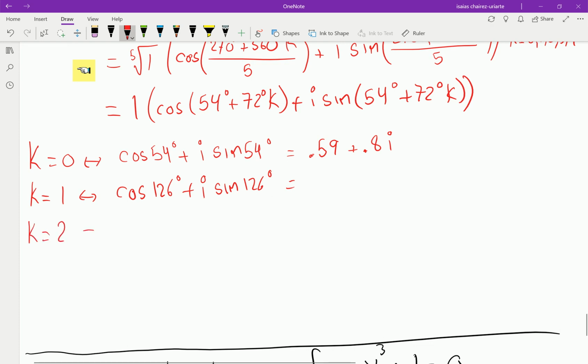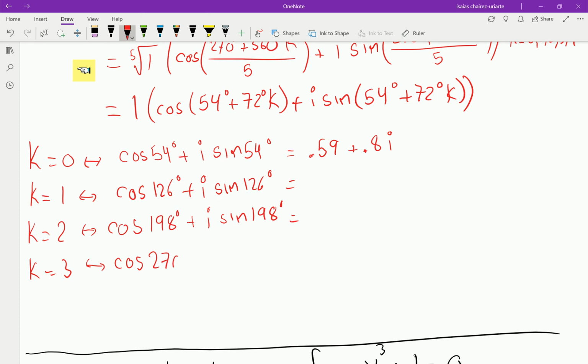If k is equal to 2, we end up with cosine of 198 plus i sine of 198. If k is equal to 3, I should end up with cosine of 270 plus i sine of 270. And that's not too bad.